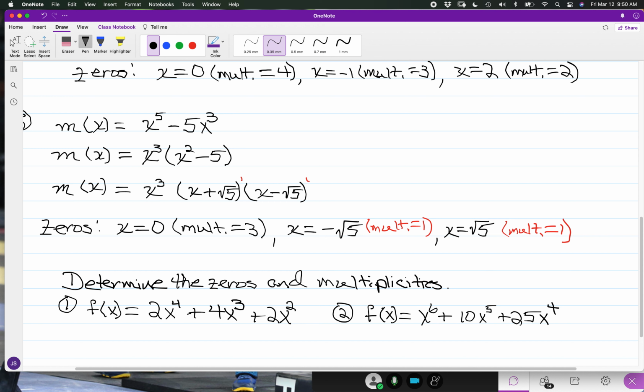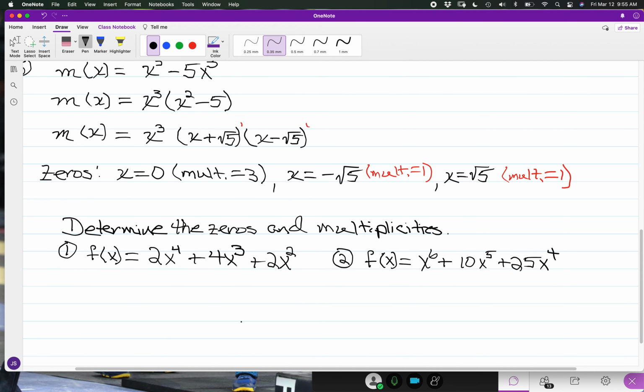So let's see what we get for the zeros and multiplicities for these two functions.